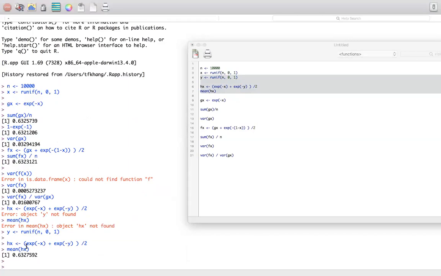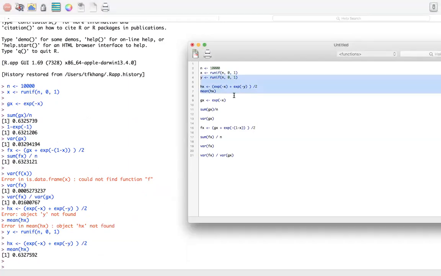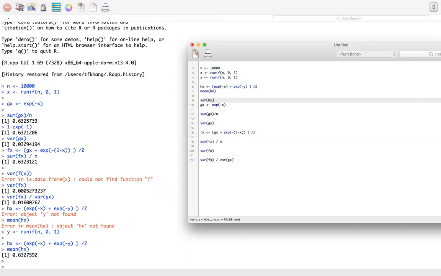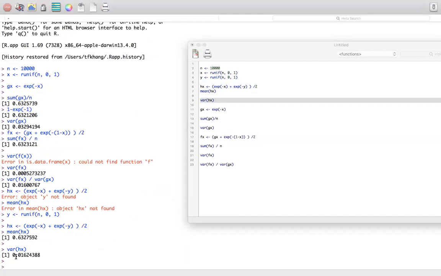So the mean is about the same, but if you look at the variance, this variance is 0.016. It's still slightly smaller than if you just use a single one, but relative to 0.005 it is still much larger. So in this case, the antithetic variables successfully reduce the variance by a large margin.